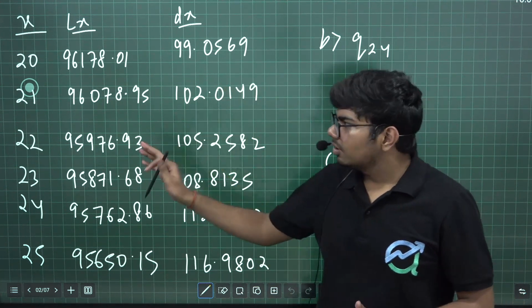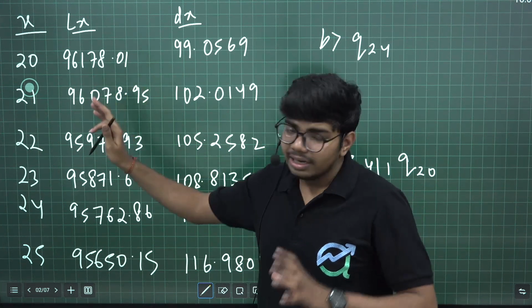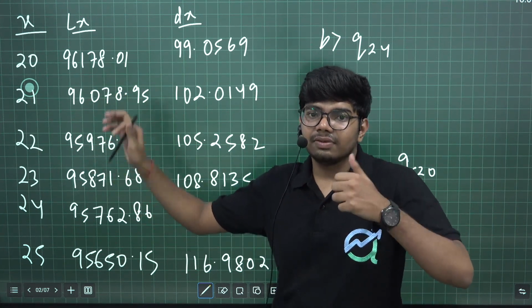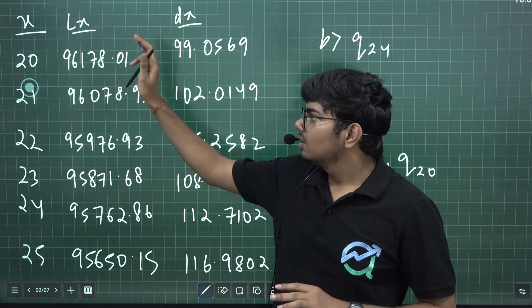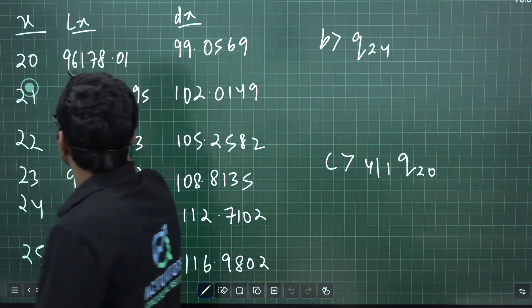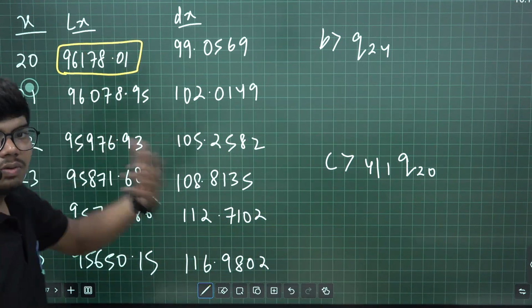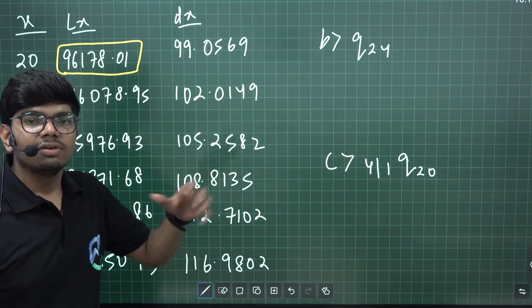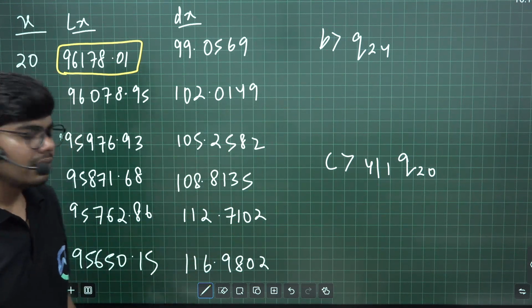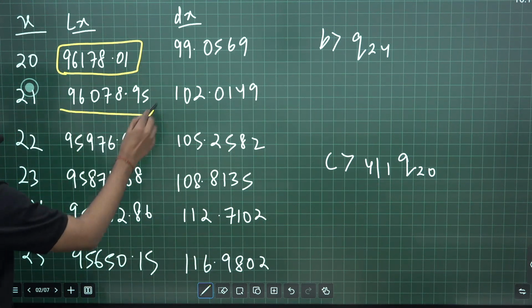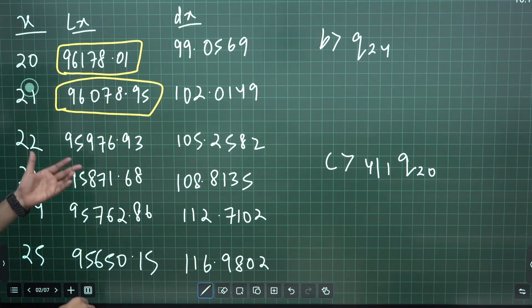Why I am saying this is because if you look at the first figure, this value essentially means the count of population, or count of policyholders, who are alive at age 20. And this is the count of population who are alive at age 21.